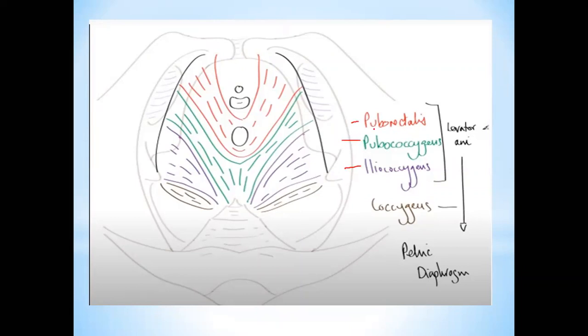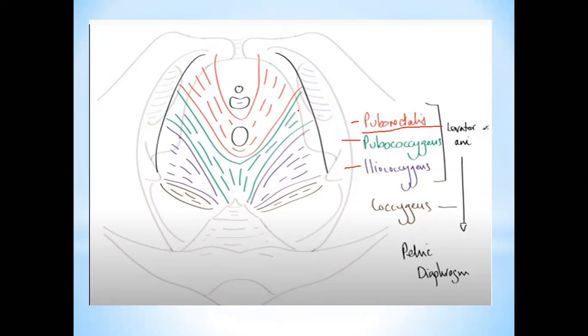So if you look here at the red line, this is the puborectalis muscle. This is the pubic symphysis, and this is the posterior part of the pelvic diaphragm. So this red part is the puborectalis muscle, which has the opening of the vagina, and also the opening of the urethra.